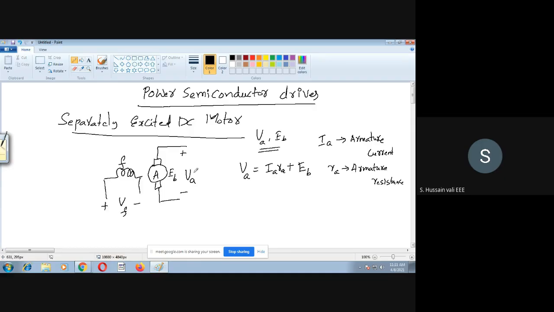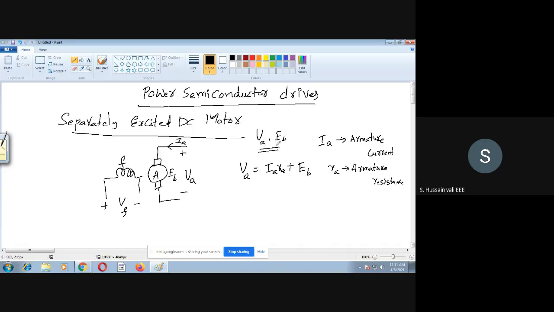You supply some armature voltage VA to the armature of the separately excited DC motor. Then, as per the principles, back EMF EB will be induced, and the relationship between these two is VA equals EB plus IA RA, where IA is the armature current.